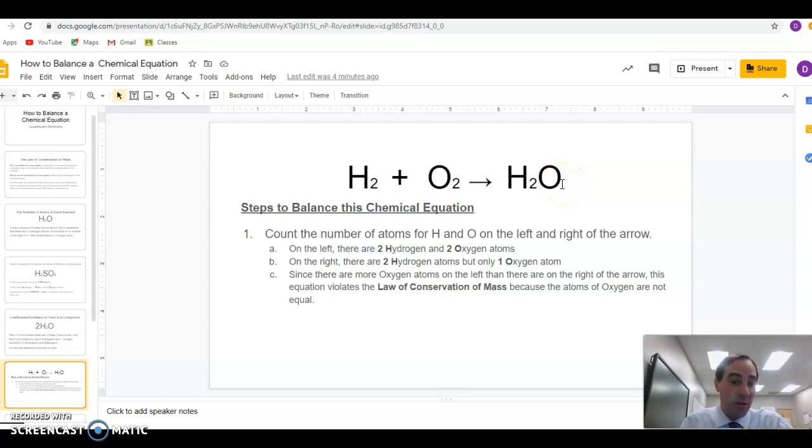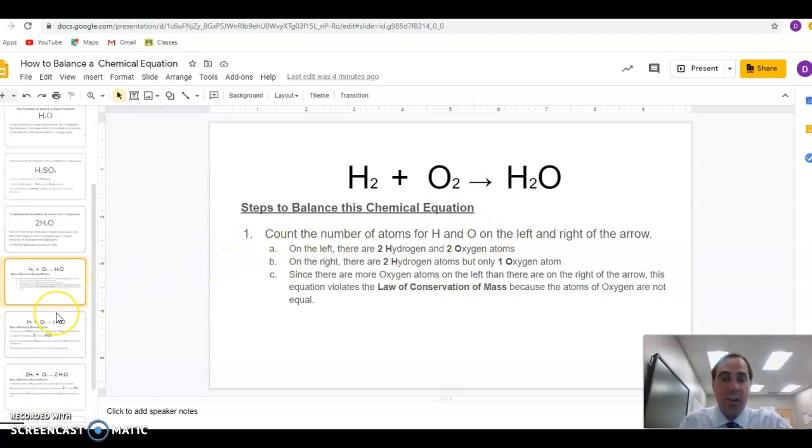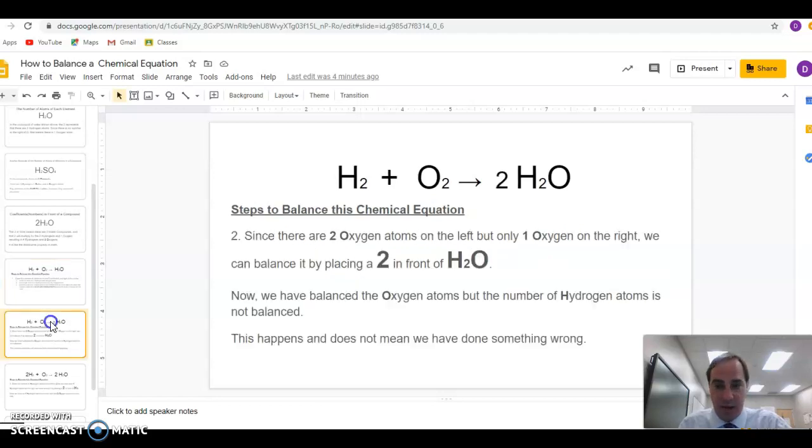This violates the law of conservation of mass because as it appears right here, it's saying that we destroyed an atom of oxygen. We cannot do that. So it is going to be up to us to correct it. So first thing we did was we counted, okay, to see if we've got equal amounts of each element, okay?